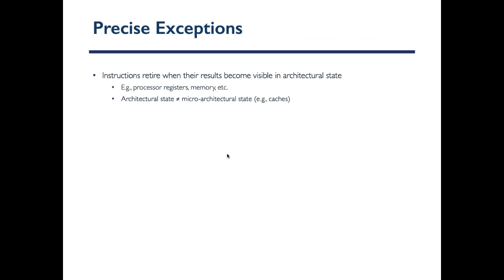The concept of precise exceptions is that you're going to create this illusion that instructions are being executed according to the order that is given to you by the programmer.